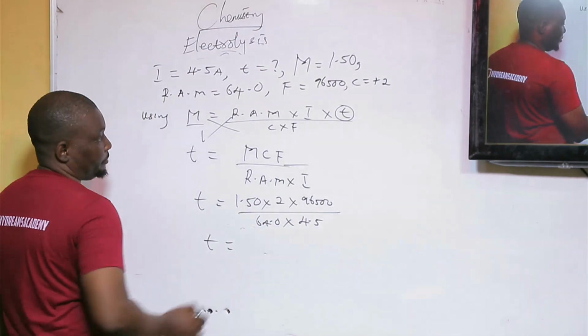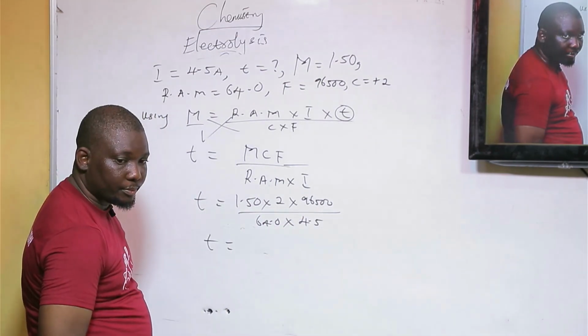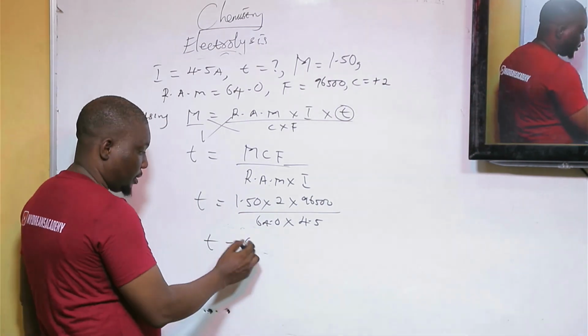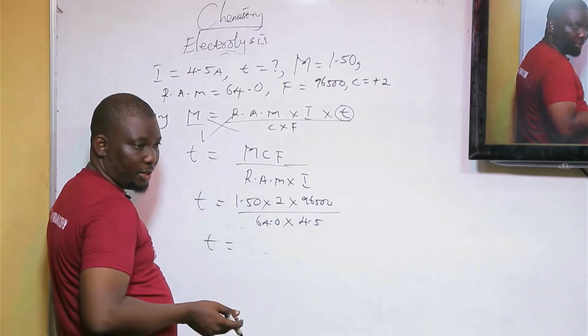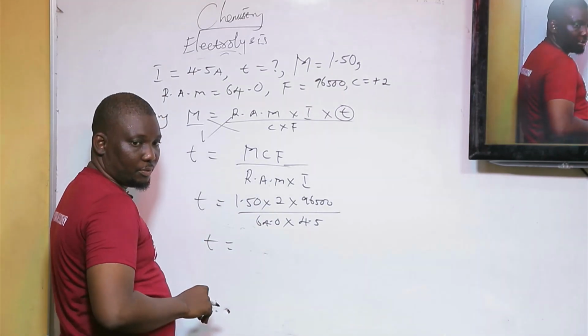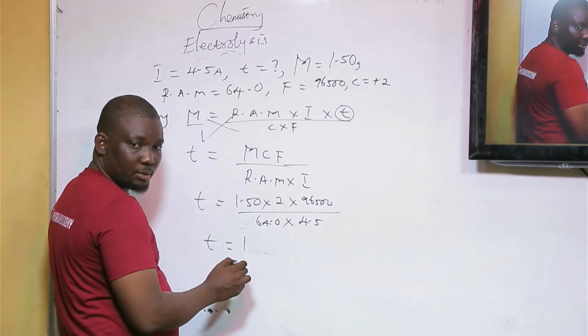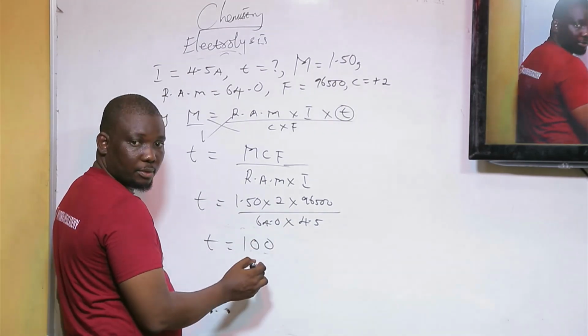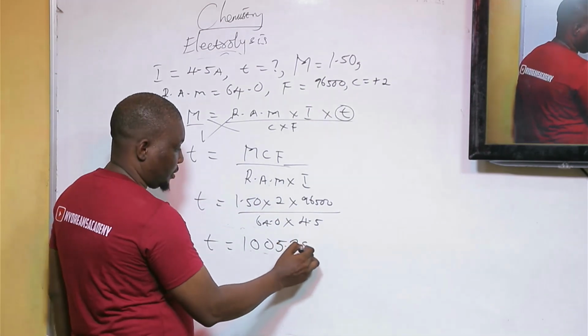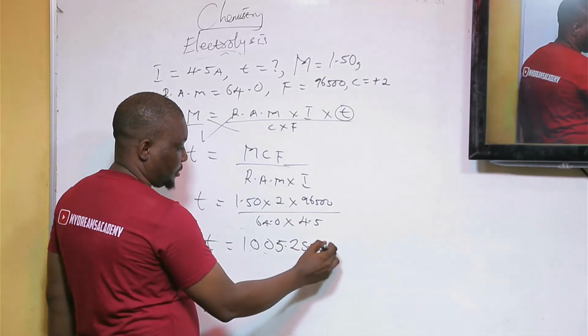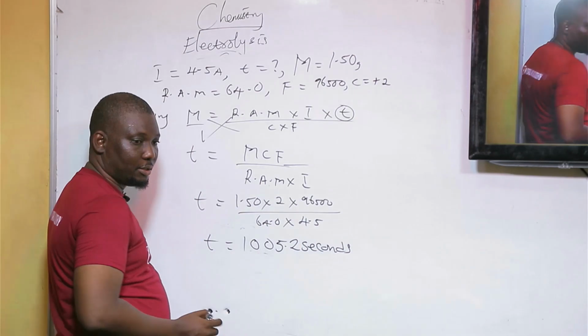What is the time? I want the answer before we convert. Yes, in seconds. 1,005.2 seconds. But that's not going to be your answer, because the answer is required in minutes.